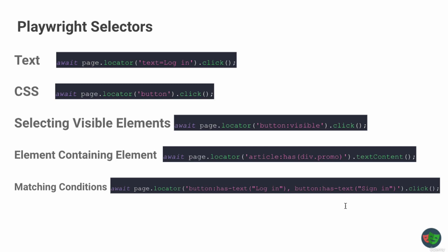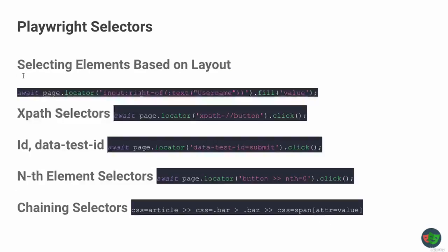So this is also a great option. Let's move on. You can also select elements based on layout. For example, this one locates this input on the right of the text username, it clicks and it fills. So you can basically specify the layout position.